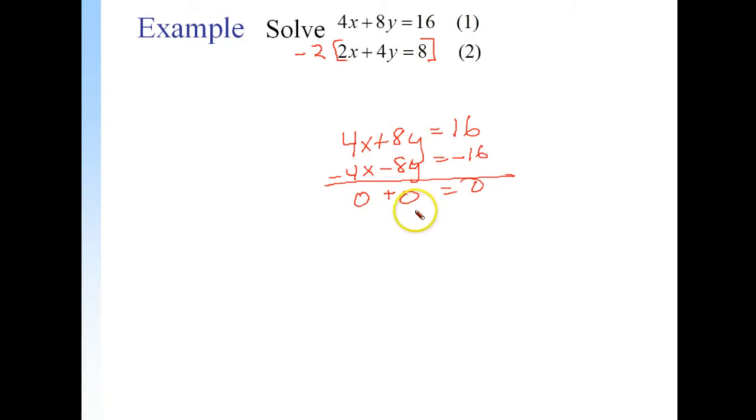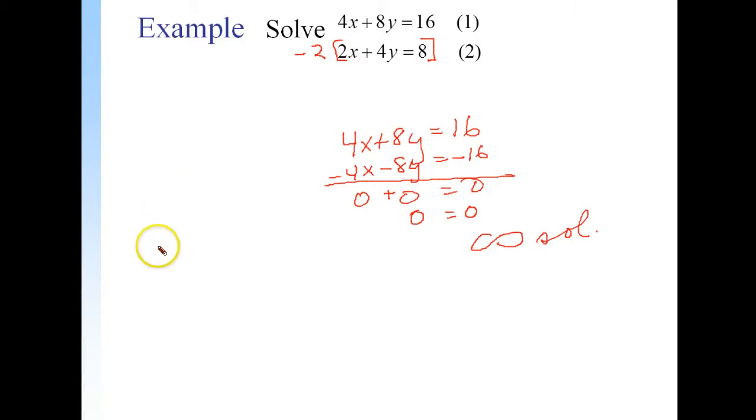Now, when we get our final answer, we say 0 equals 0. Is that true? Yes, it's true. So whenever you do, whatever method you're going to use, and you end up with a true statement, 0 equals 0, then the answer will be an infinite number of solutions because they're the same solution.